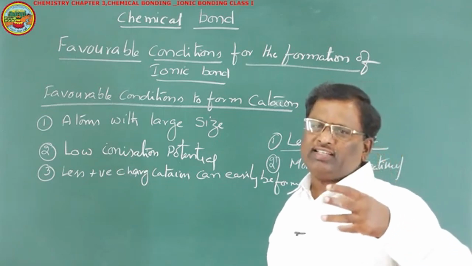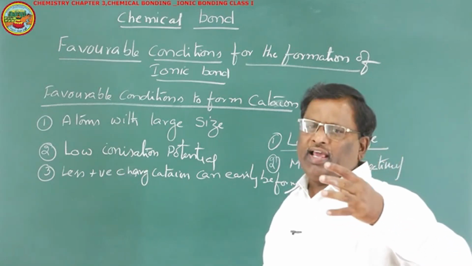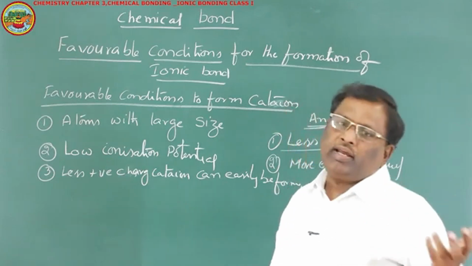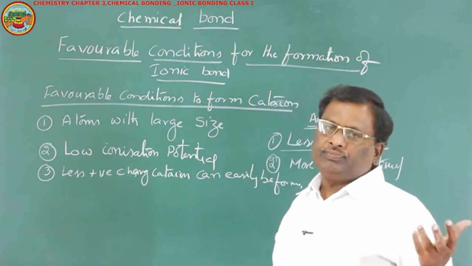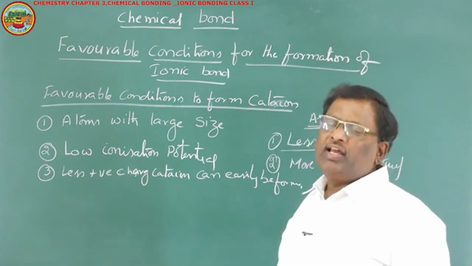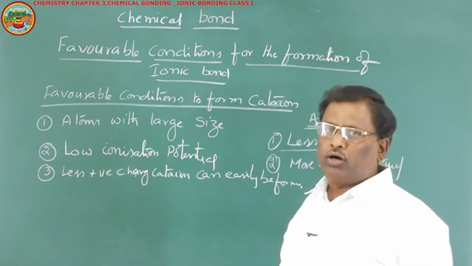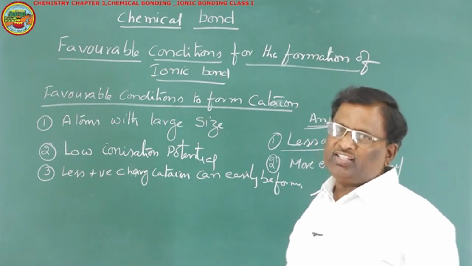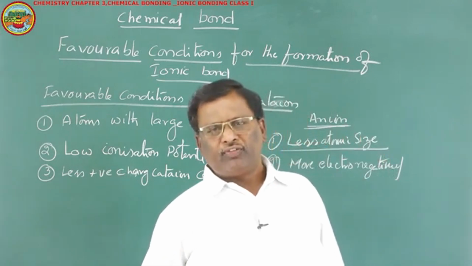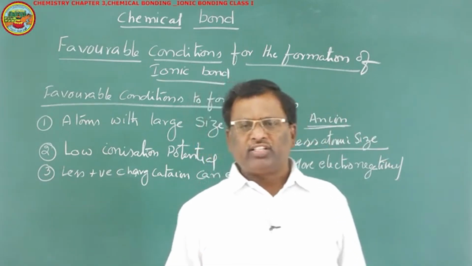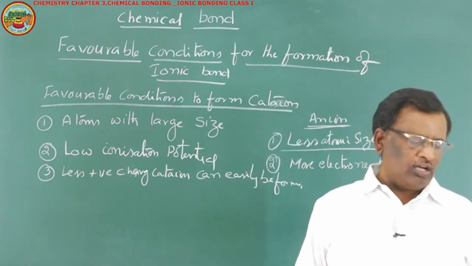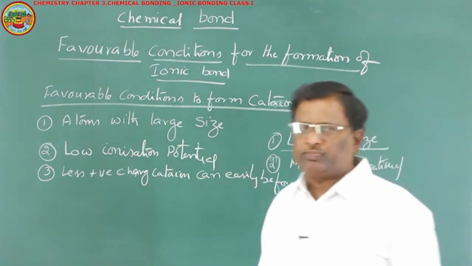An atom with small size can easily form an ion, and an atom with high electronegativity can easily form an ion. And in the positive case and negative case, less charged ions can easily be formed. Less negatively charged anions can easily be formed than more negatively charged anions. So these are the favorable conditions for the formation of anion and cation respectively.